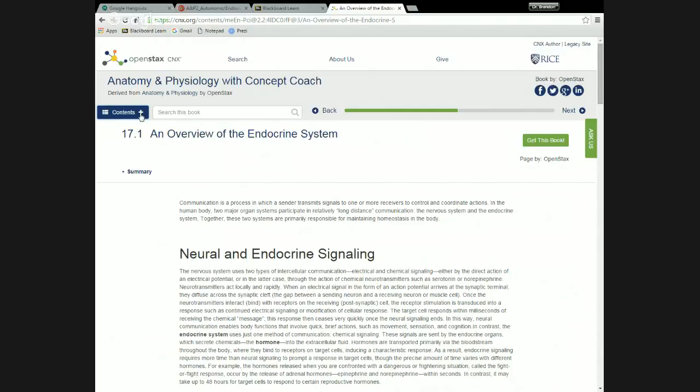Anybody have any idea how far that distance actually is? Right, it's probably measured somewhere in the nanometer range.